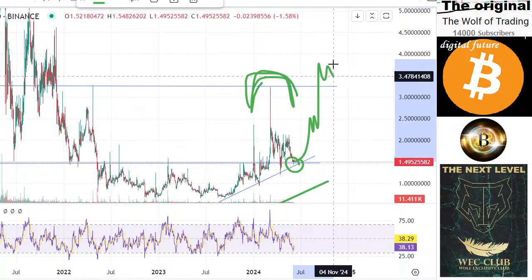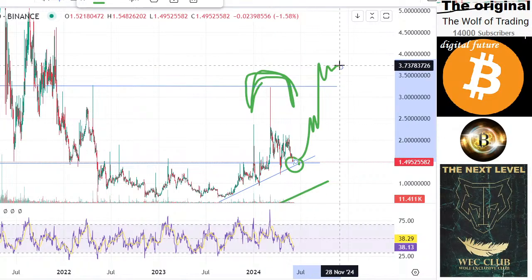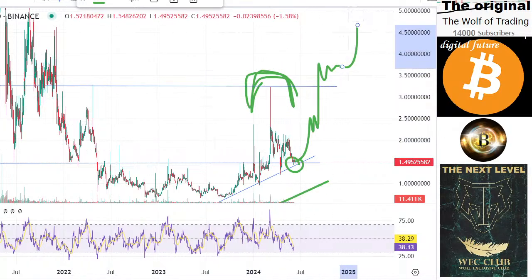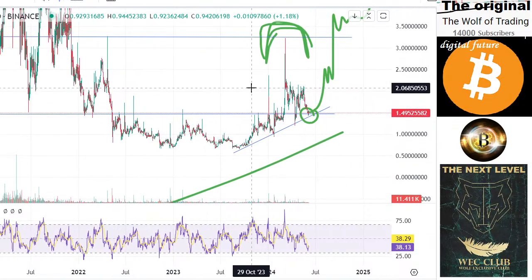Build here our structure. We have the left shoulder, we have the head, the right shoulder is here. This is the positive way.